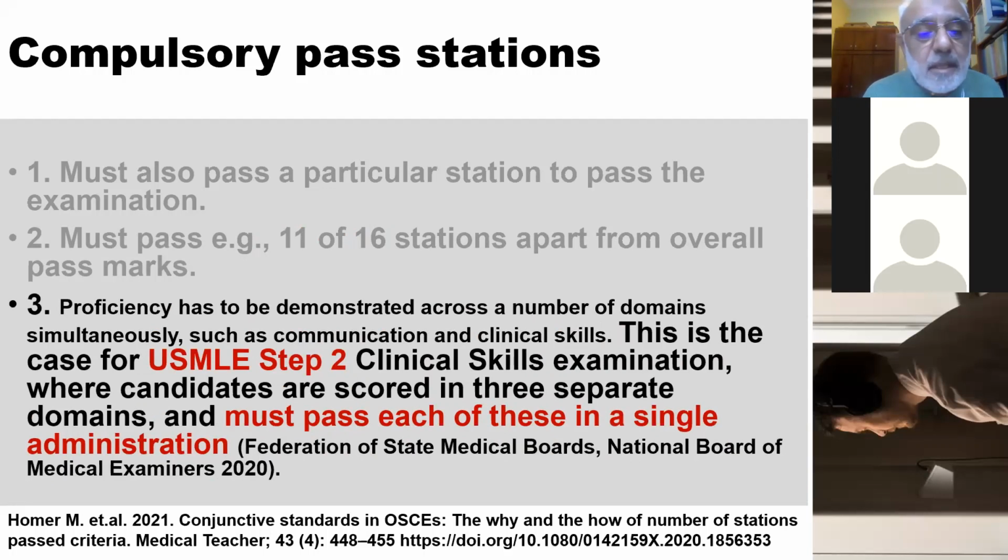There is another method: in certain situations, multiple skills are assessed on the same station, like clinical skills, communication skills, or analytic skills, which is more like a long case examination. This is being used in USMLE Step 2. So the candidate is supposed to pass in all the 3 or 4 aspects examined on one station.